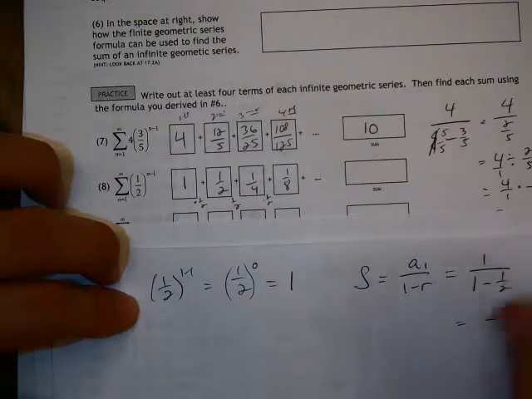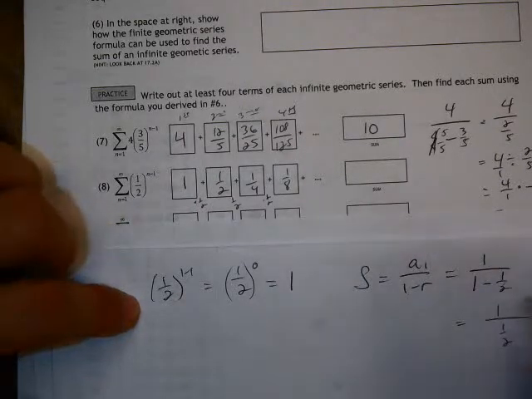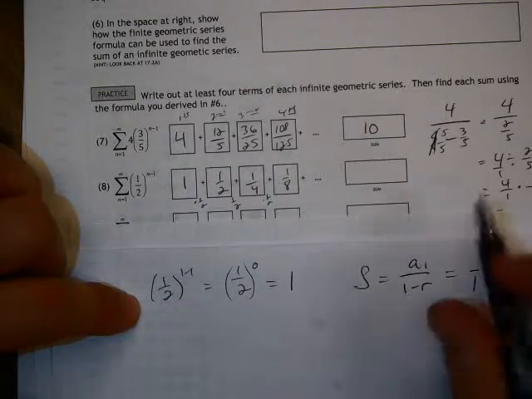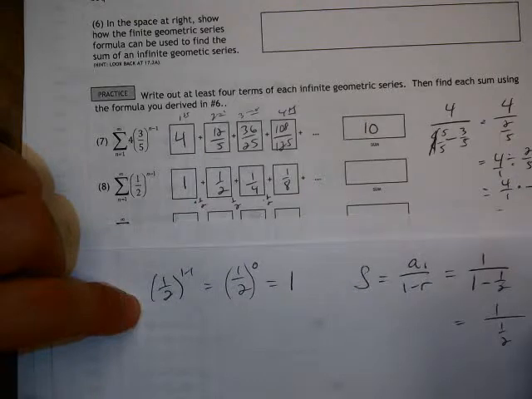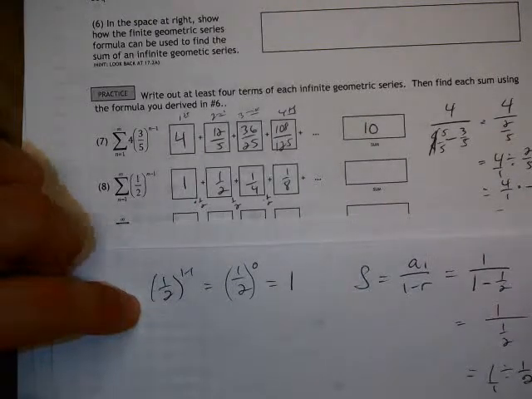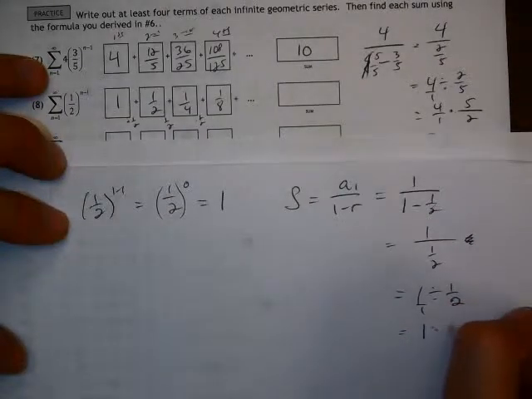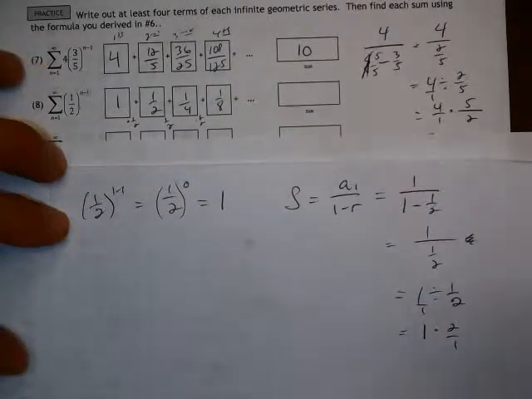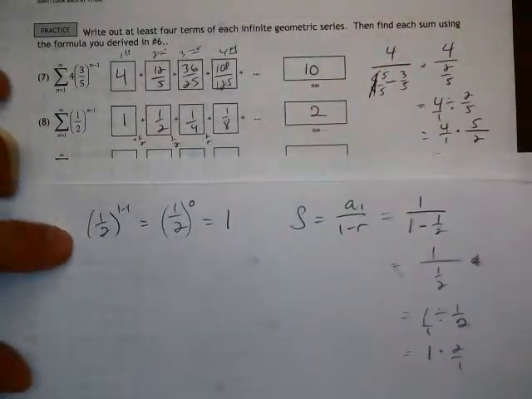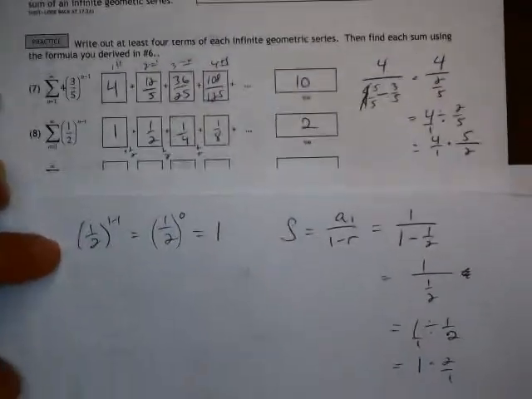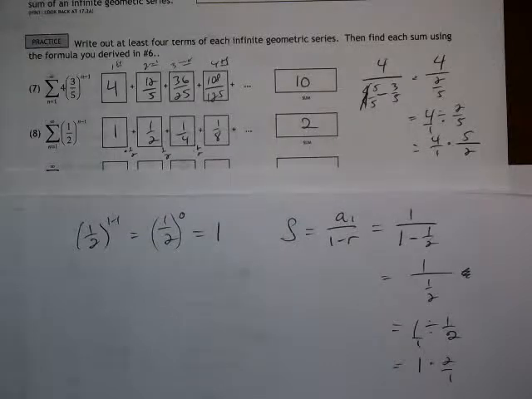We know 1 minus 1/2 is just 1/2, which means this becomes 1 divided by 1/2. This is 1 over 1, and then 1 times 2 over 1, which just gives us a 2 for our sum. So there's our two sums for number 7 and 8.